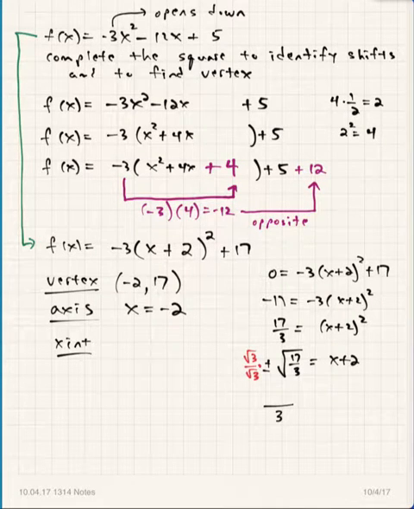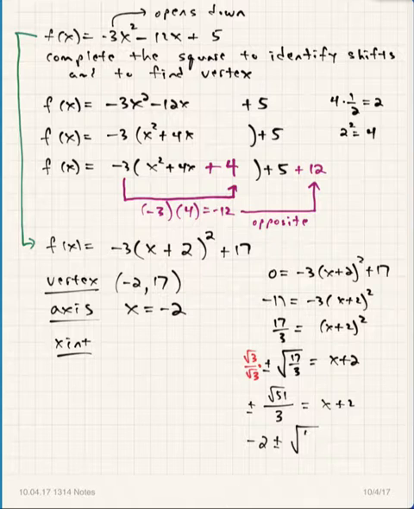And then in the numerator, you get the square root of 51, 3 times 17. And still a plus or minus right there, equals x plus 2. And then subtract 2. And like I said, you get not a real nice form for this, but it's okay.